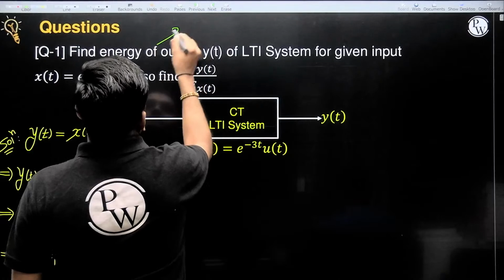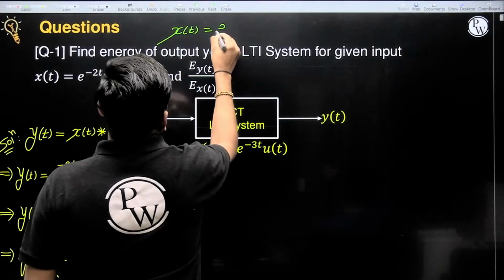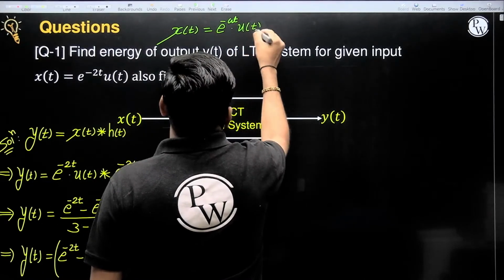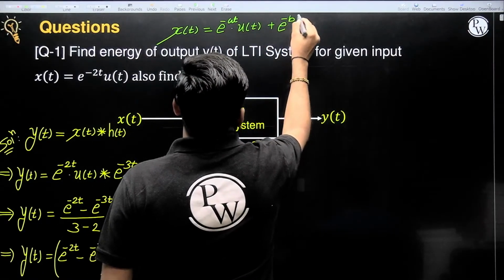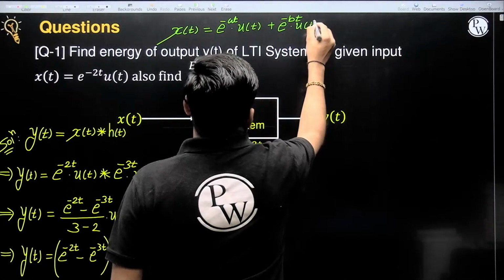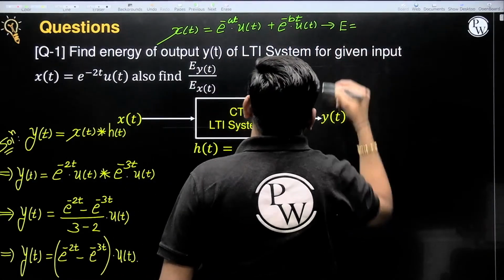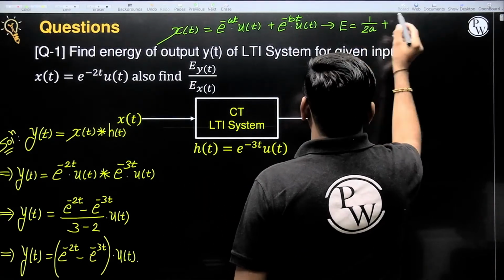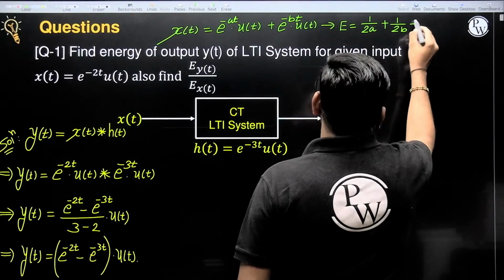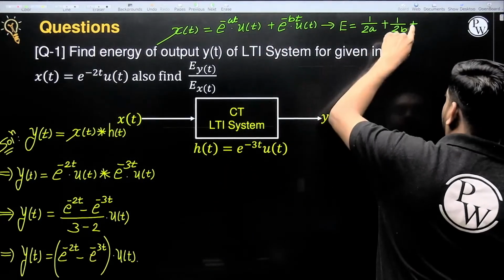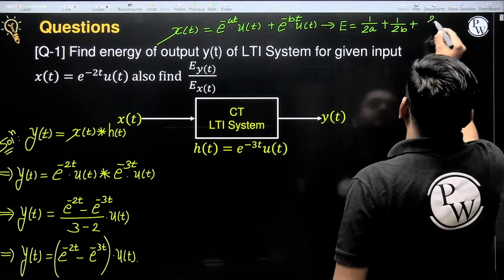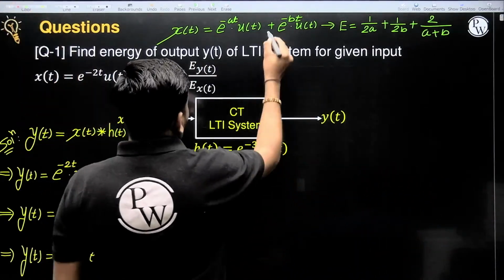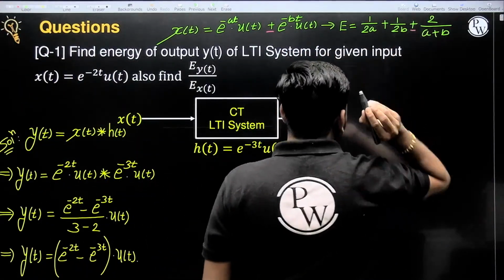Suppose signal x of t is equal to e to the power minus at u of t plus e to the power minus bt u of t, and its energy is given by the energy of the first signal, that is 1 upon 2a, plus the energy of the second signal, that is 1 upon 2b, plus, if it is a plus sign here, then here also it should be plus, so plus 2 upon a plus b. Now suppose there is a minus sign here, then here also it should be minus sign.